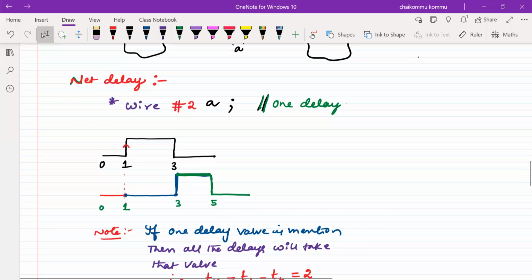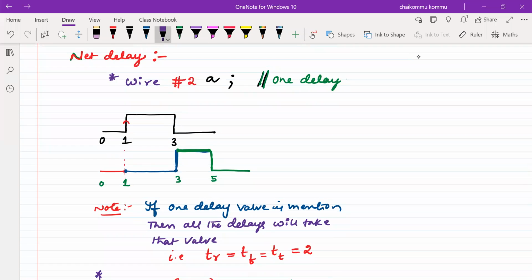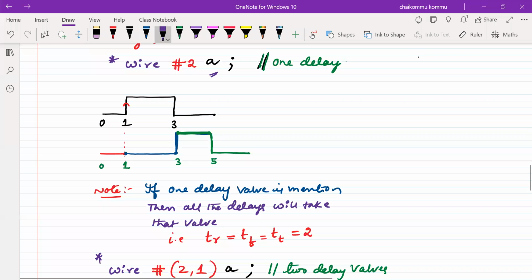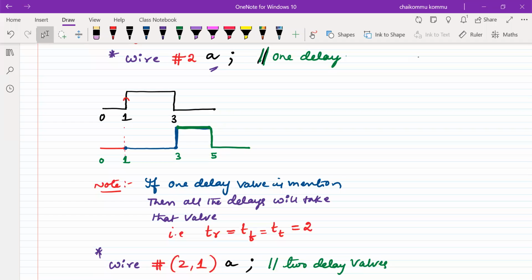Okay, so if you observe, this is the input symbol, something like this. How will the simulator produce an output signal? We are saying that wire A is taking two timing units of delay. Whenever you simulate something, it has to incorporate this delay and produce an output signal so that the design is accurate. So the simulator output is something like this.